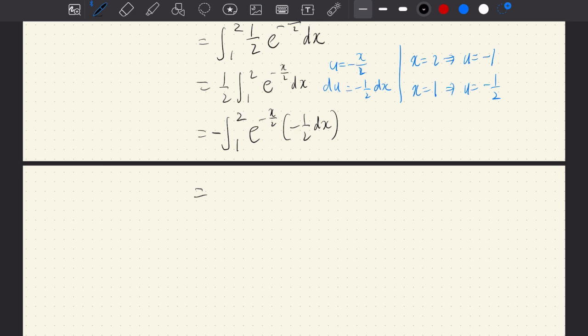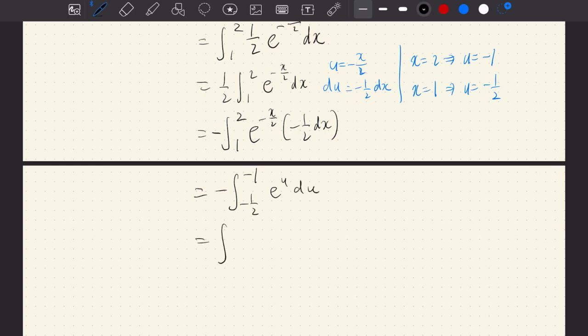So now this is equal to negative the integration. The lower limit of integration previously is 1, but after we do u substitution, it becomes negative 1/2. Okay. And here 2 becomes negative 1. Okay. And this is e to the u du.